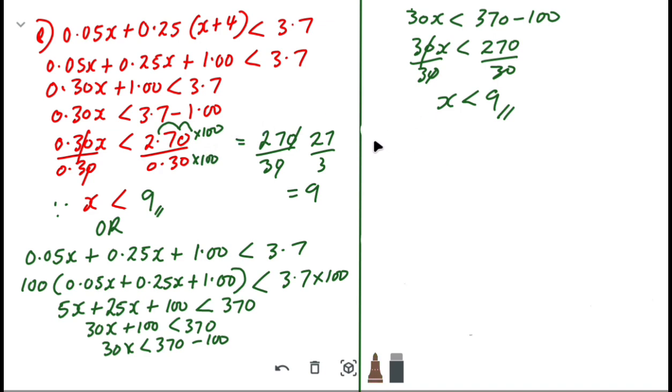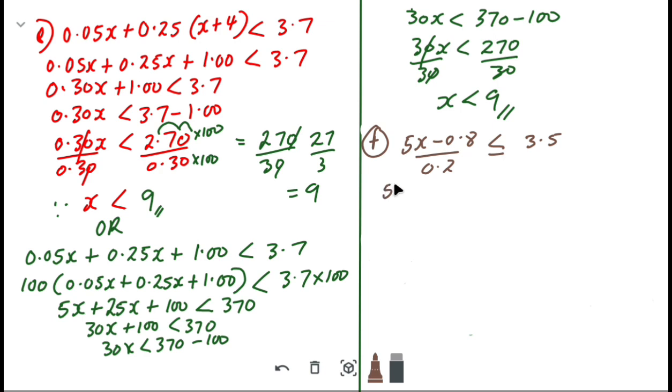So let's consider the sixth question. Question F. We have 5x minus 0.8 over 0.2 less than or equals to 3.5. So for easy evaluation, all we need to do in this case is to multiply both sides by 0.2.